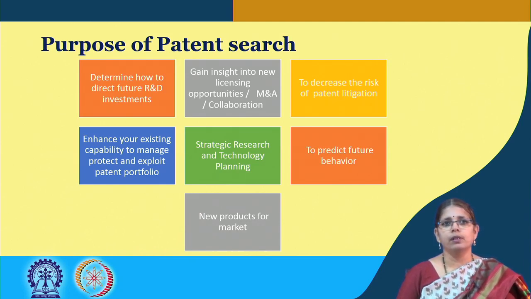Enhancing the existing capability is also important, that is, how do you build a good patent portfolio. Today it is no longer about single patents, it is about implementing a particular product in a market with a series of patents. It is also very true for the area of electronic inventions, where they are not covered by single patents.